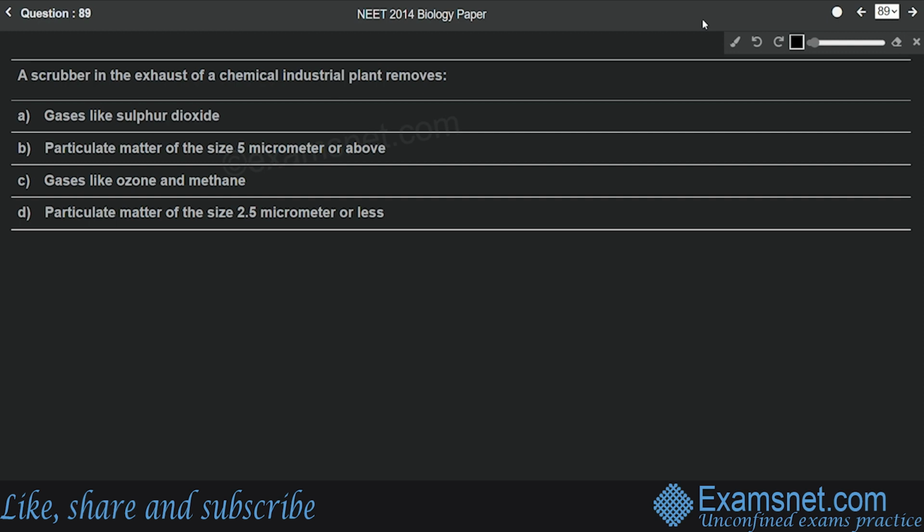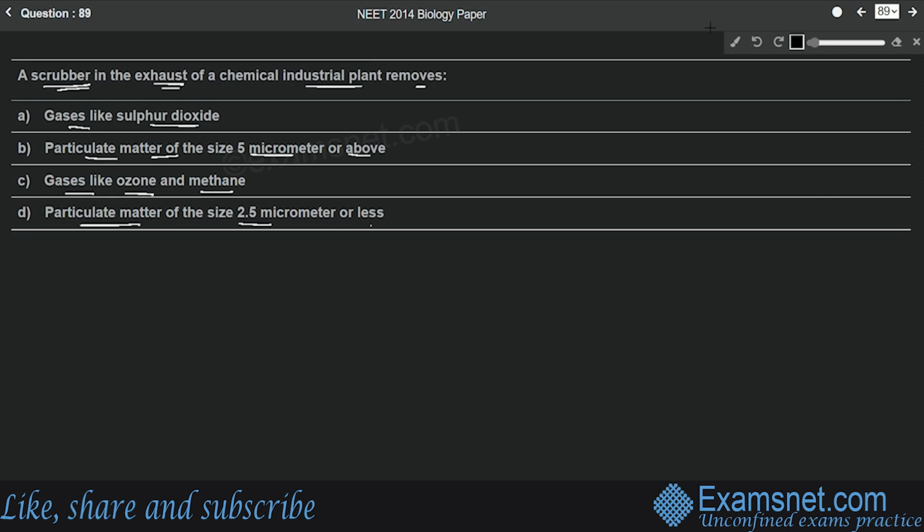Question number 89 is from the chapter Environmental Issues, and the question is, a scrubber in the exhaust of a chemical industrial plant removes option A gases like sulfur dioxide, option B particulate matter of the size 5 micrometer or above, option C gases like ozone and methane, and option D particulate matter of the size 2.5 micrometer or less.